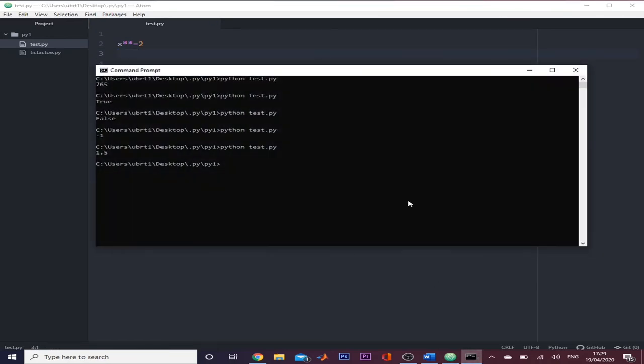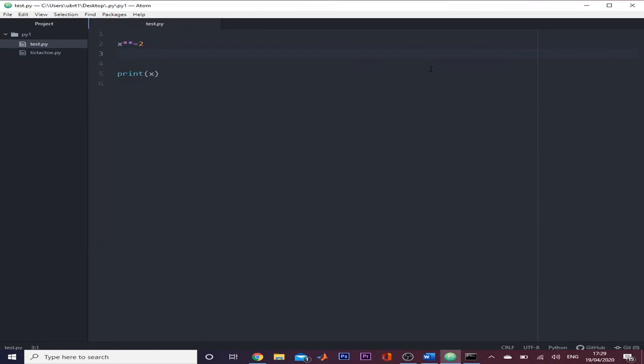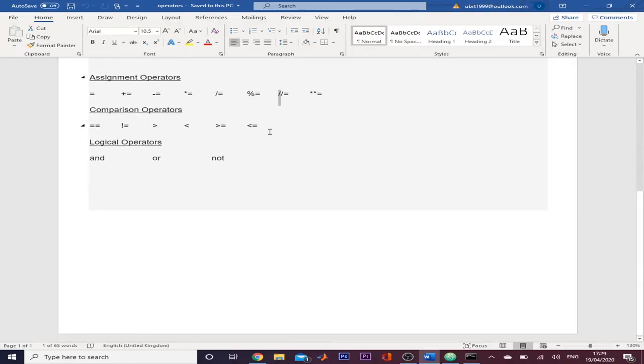Here there is a traceback saying that x is not defined. So you have to keep in mind that before using these operators we have to assign a value to x. These operators are pretty easy to understand. Now we are moving to the comparison operators.